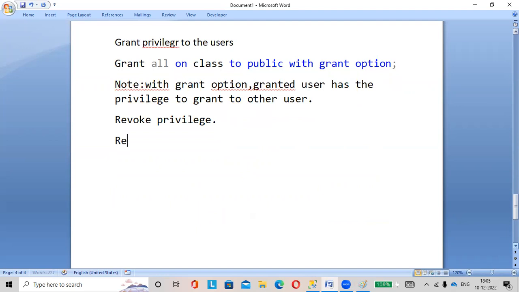Revoke select on class from public. This command is used to take back the privileges which are already assigned to the specific users. Is it clear, ma'am? Yes.